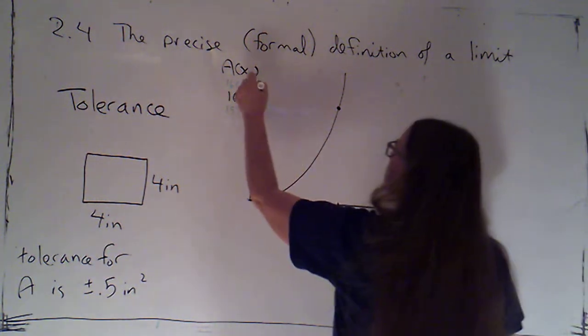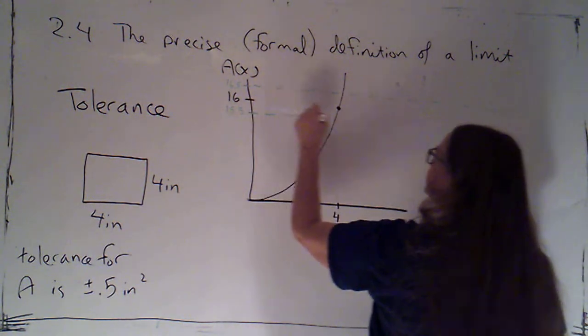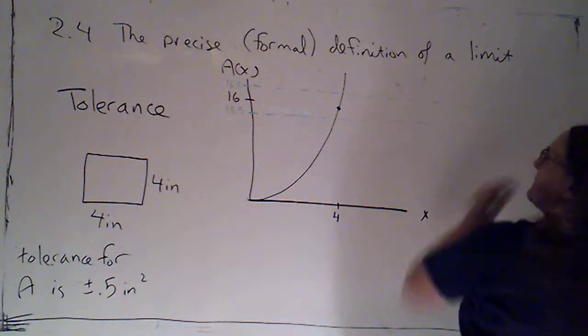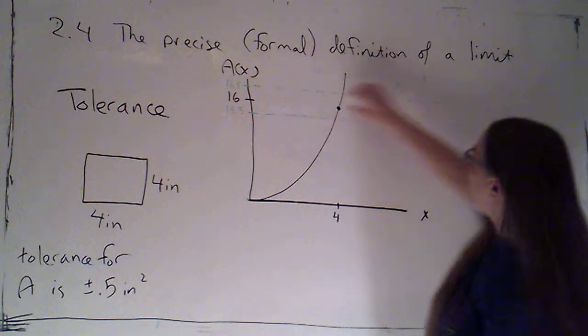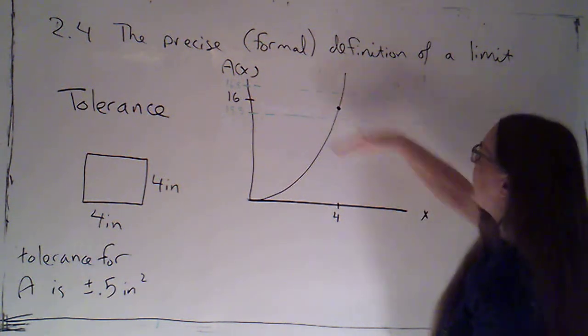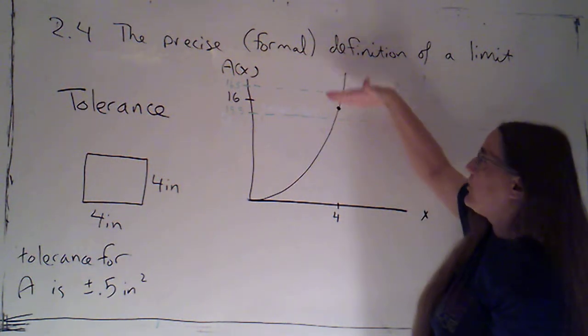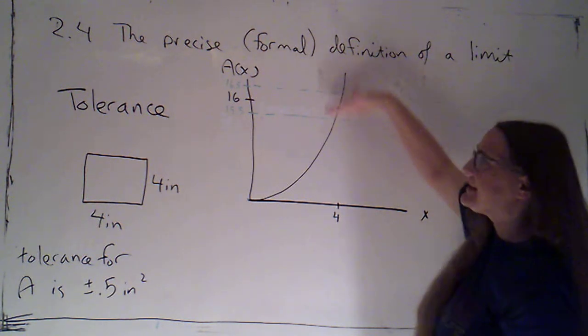So I'm going to just draw in dotted lines here. This horizontal strip that's in between these lines at a fixed area of 16.5 and a fixed area of 15.5, this is sort of the acceptable range.